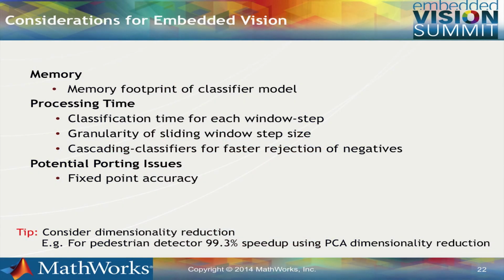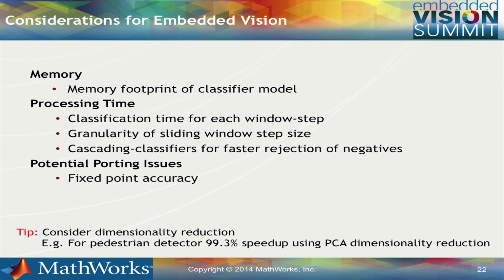The other thing that you do want to be aware of is fixed point issues. Now the classification and the feature extraction, very often when you're prototyping these systems, you do it in floating point. But if you're going onto an ARM processor or a processor like that, implementing this in fixed point is probably going to give you a real speed up.